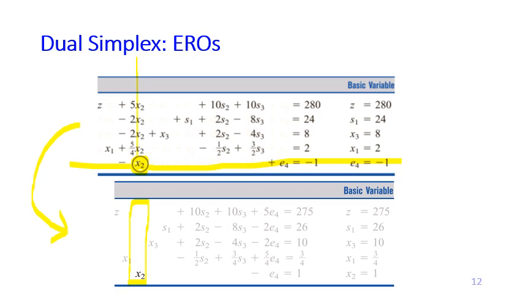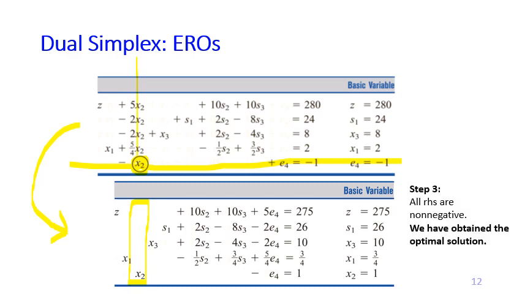So we perform the row operations, and then we get this table. When we look at this table, we see that all the right-hand sides are already non-negative, which means that we have obtained the optimal solution with respect to the new constraint that we add to the problem.